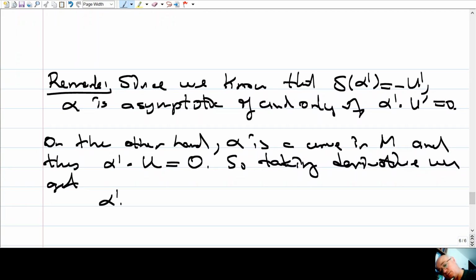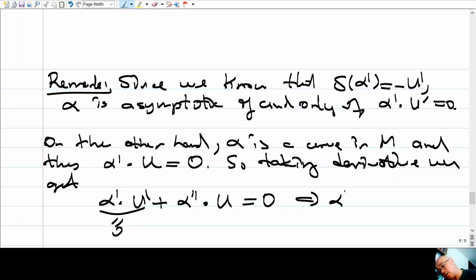Alpha prime dot U prime plus alpha double prime dot U is equal to 0. But I know that alpha prime dot U prime is 0 for an asymptotic curve. So this is already 0.